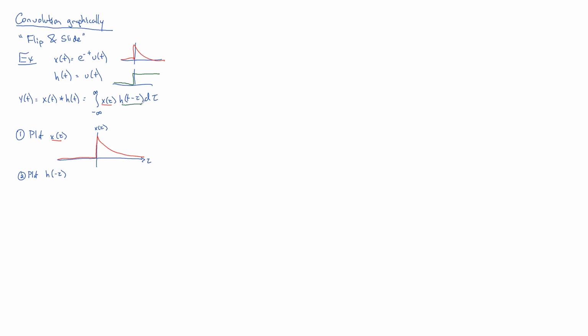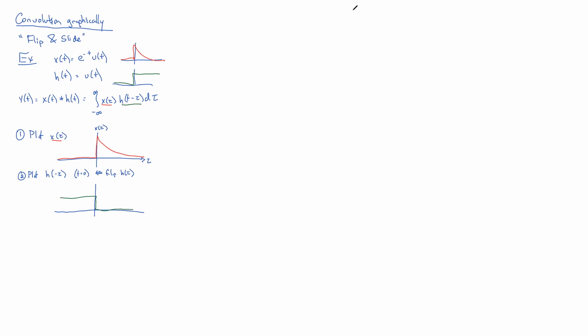And I got to choose some value for t, so I'm going to start off by assuming that t is equal to 0. And when you plot h of minus tau, that's just the same thing as you're going to flip h of tau. So that's the reason why we call it the flip part of the flip and slide. So we flip this thing around and we get this.